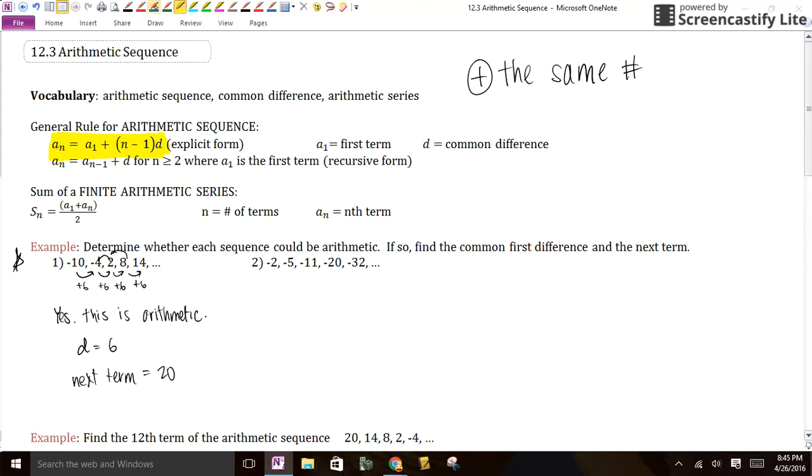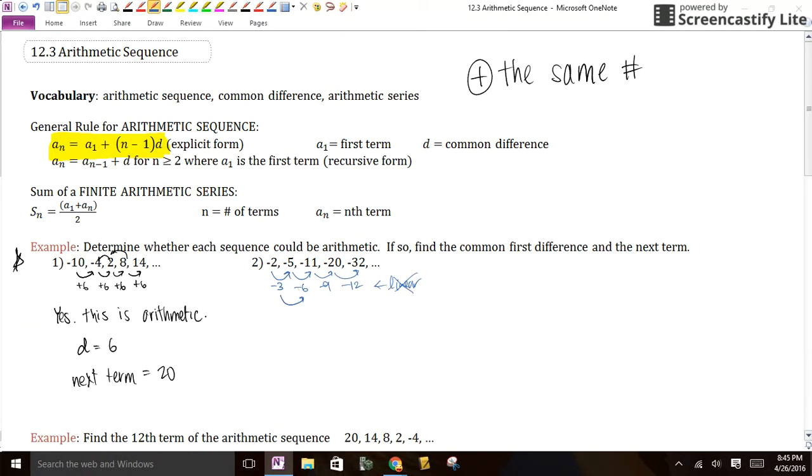Now let me see, the next one looks like they subtracted 3, which is fine, but then they subtracted 6, and then they subtracted 9. Yeah, this definitely does not have a common difference here. So therefore, I can't say they did. It does have a common second difference, which means it's quadratic. The first differences would mean it's linear, and it's not. So if you want to check if it's quadratic, you do a next common difference.